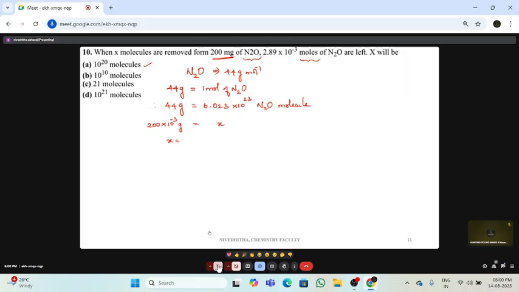So, how to do that? See, 6 into 10 power 23 into 200 into 10 power minus 3 gram divided by 44 gram. So cancel all those numbers and please let me know the value.